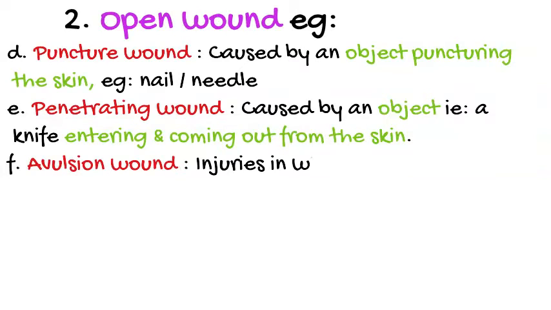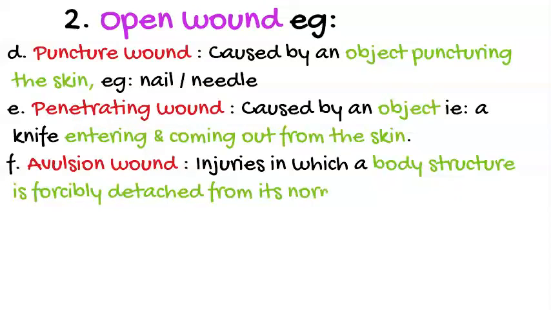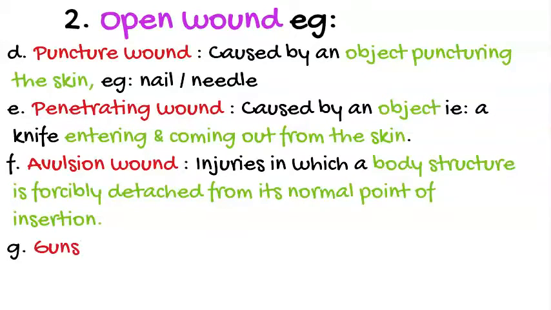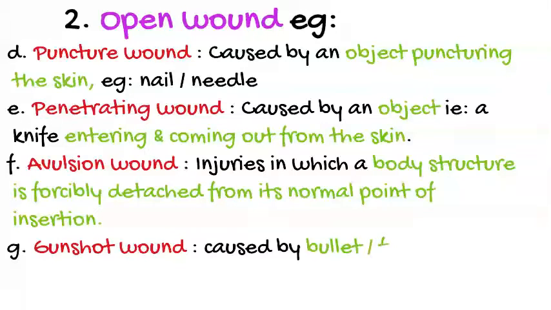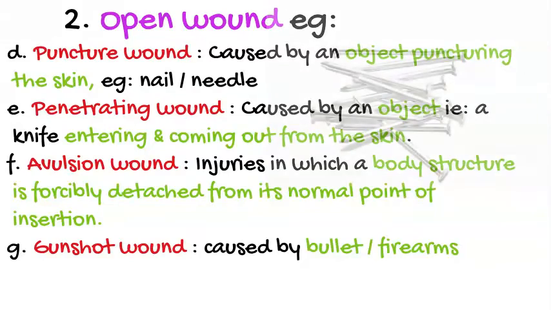It is caused by an object, example, a knife, that enters and comes out from the skin. F. Avulsion wound. It is an injury in which a body structure is forcibly detached from its normal point of insertion. G. Gunshot wound, caused by a bullet or firearms.